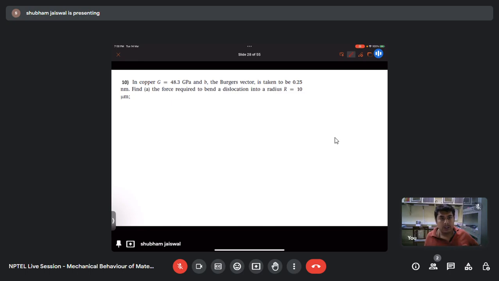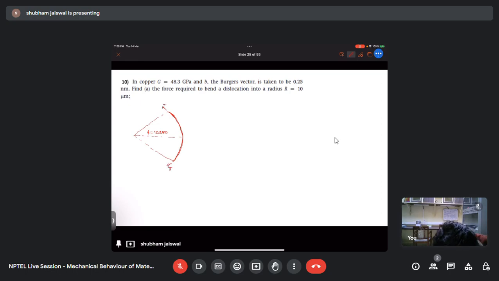So what they are saying is, there is a straight dislocation, and if you want to bend it to R equal to 10 micrometer, some tension will be there.